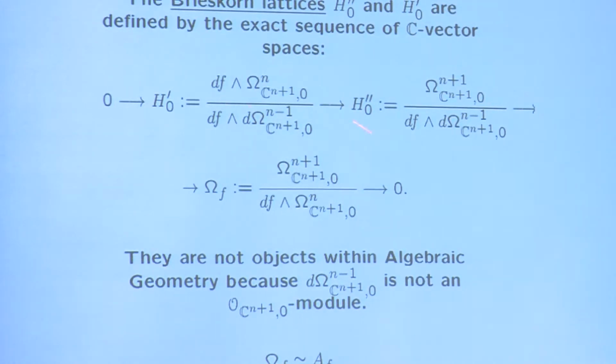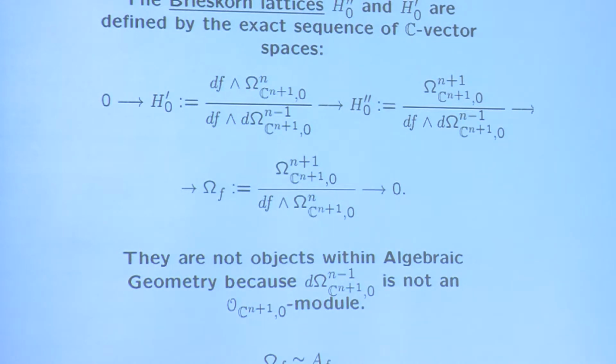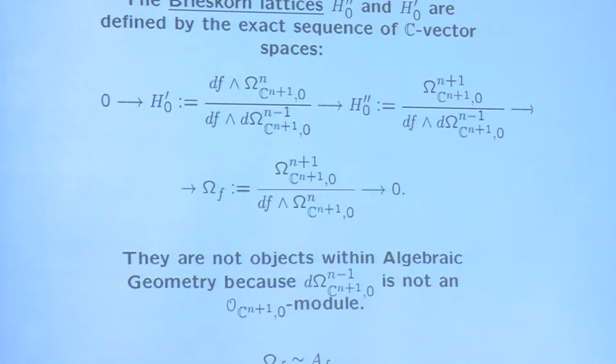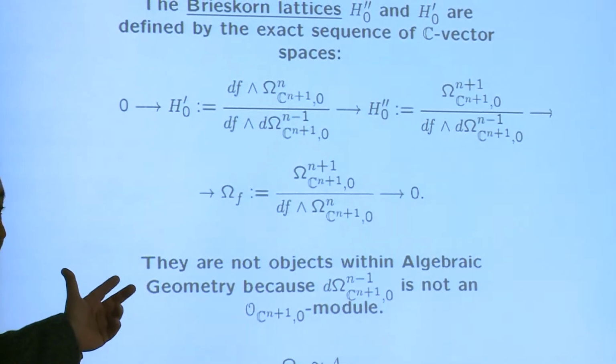In here, you're taking df exterior omega n. See, when you do this, omega n can be written as a sum of aj's dcj hat. So when you do df, you only get functions which are in the ideal generated by the partials of fj. That's the Jacobian ideal.